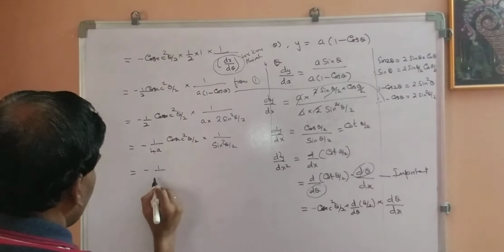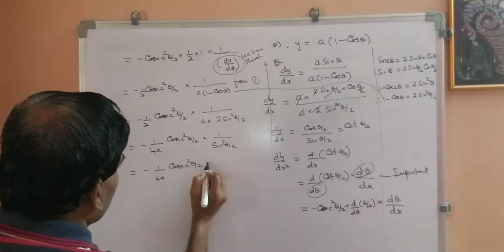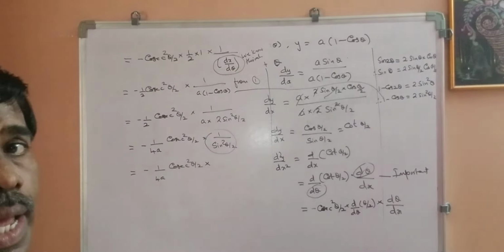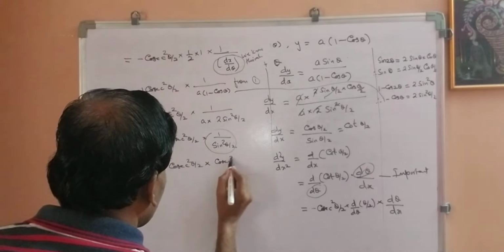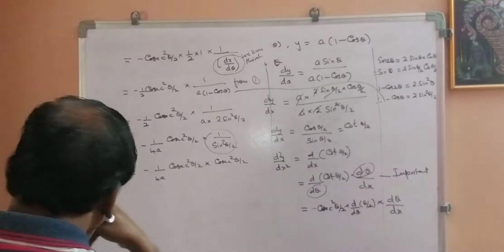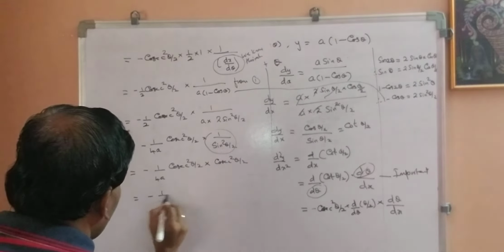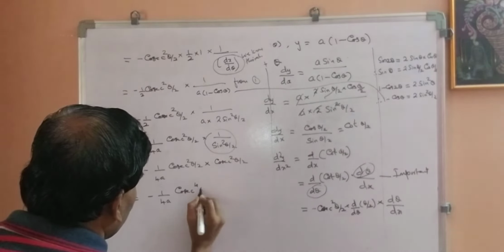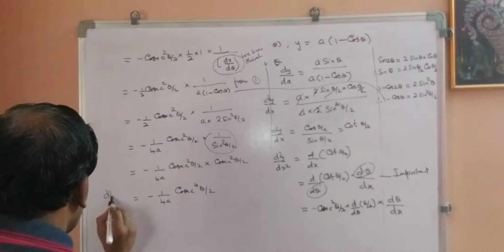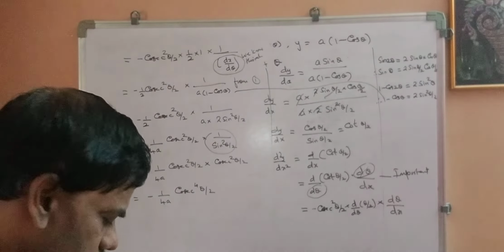So minus 1 by 4a cosec square theta by 2 into, what is 1 upon sin? Cosec. So cosec square theta by 2. Now, how many times is cosec there? 4 times. So minus 1 by 4a into cosec to the power 4 theta by 2. This is a very important concept you should understand.